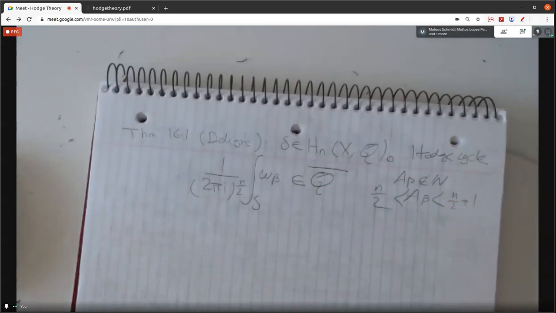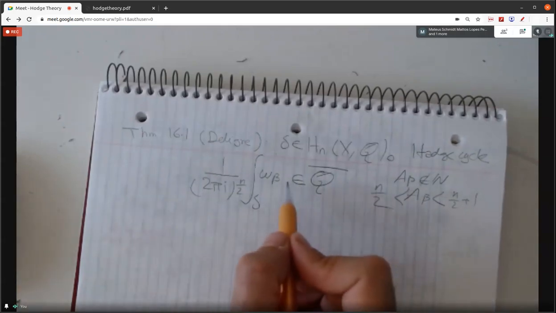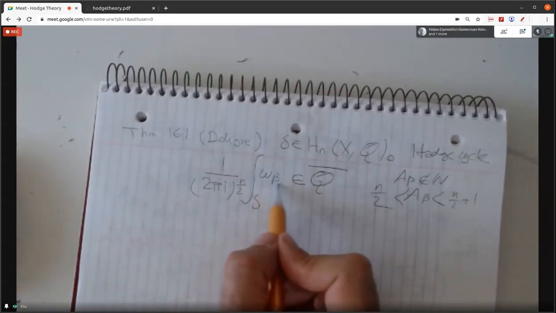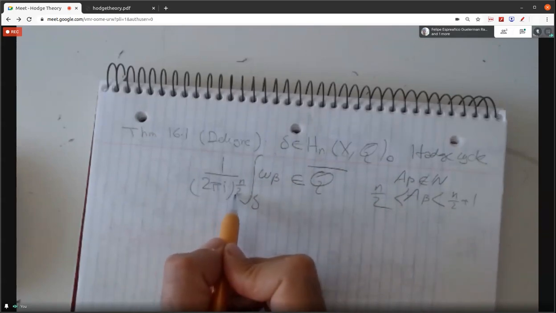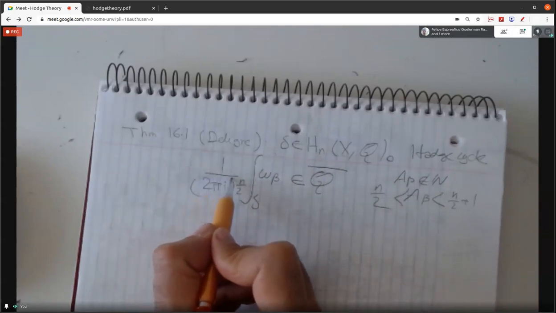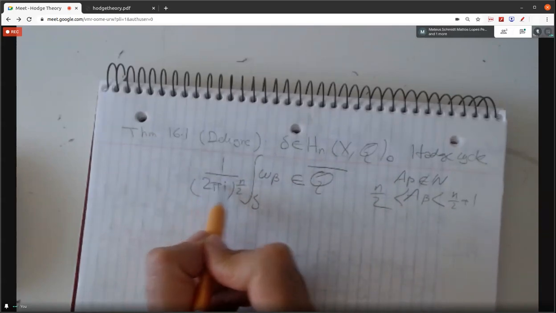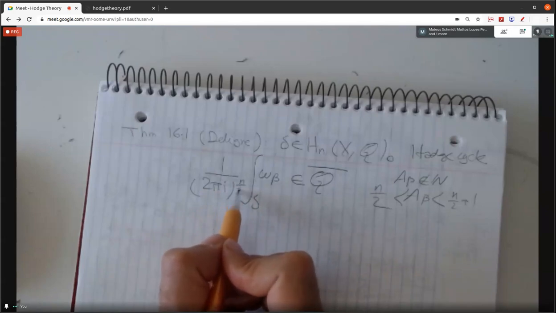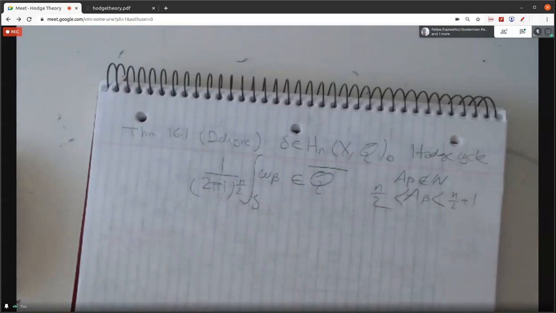So the moral of the story of this theorem is that periods of Hodge cycles have only one transcendental factor, which is a 2 pi i to n/2, and then some algebraic number. And I have to say this takes Hodge theory into a more transcendental number theory discussion.